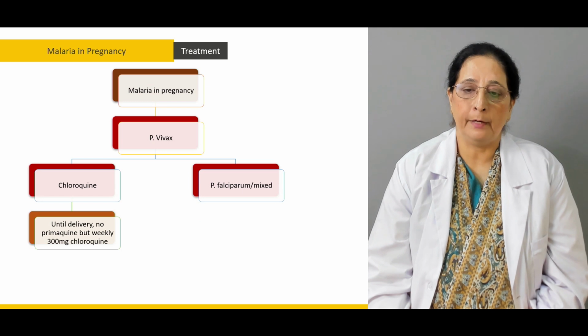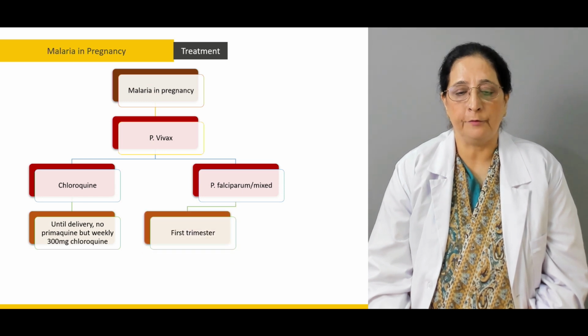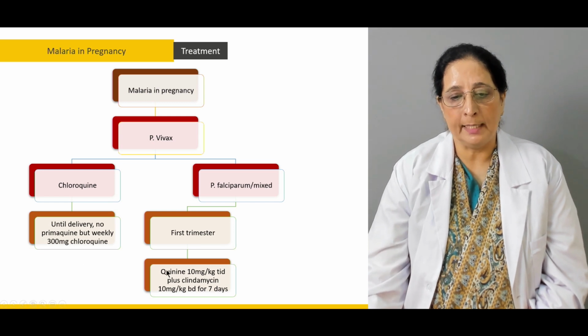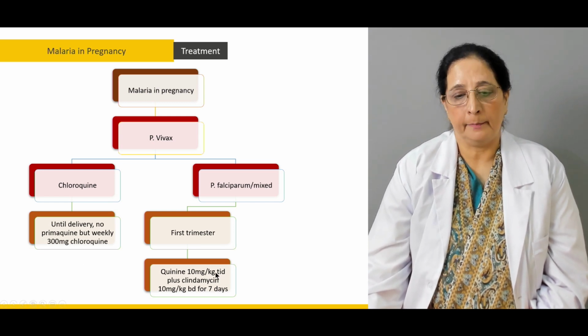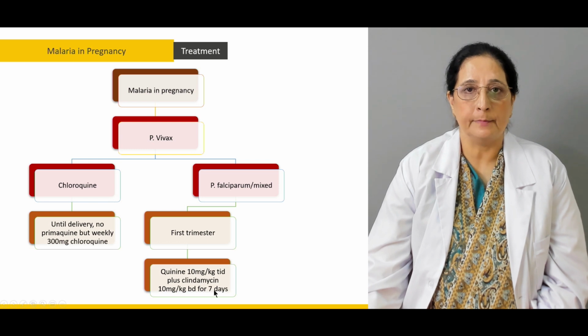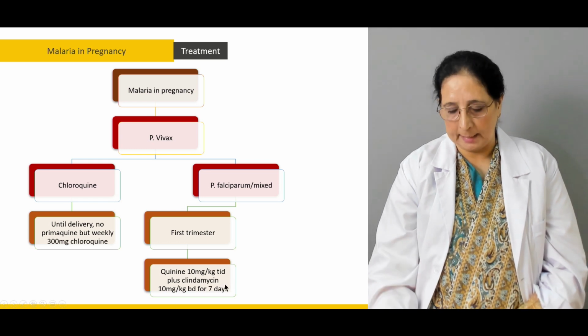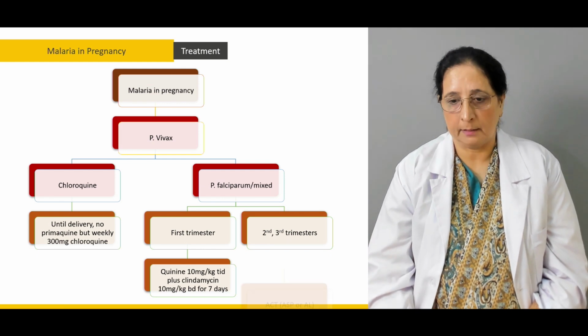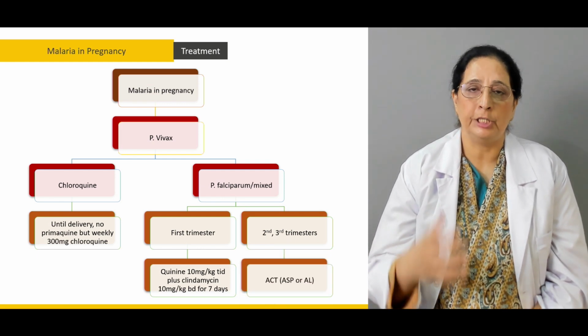For falciparum and mixed infection, in the first trimester, in the first 3 months, we use quinine 10 milligram per kilogram 3 times a day plus clindamycin. And in the second and third trimester, we try combination therapy.